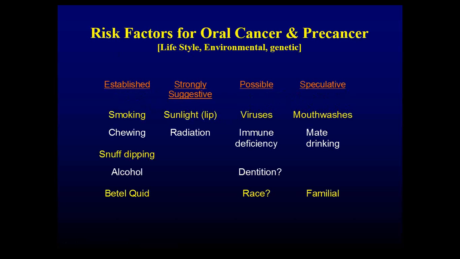However, indirect association of HPV with oral cancer is yet to be established. But having said that, a few reports have shown some evidence of association of HPV with oral cancer.